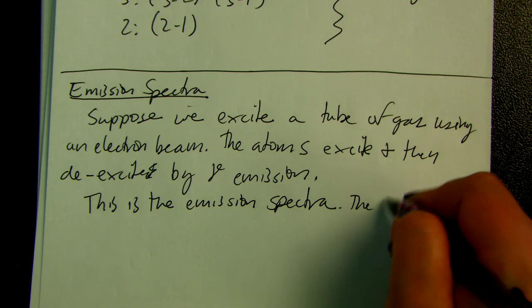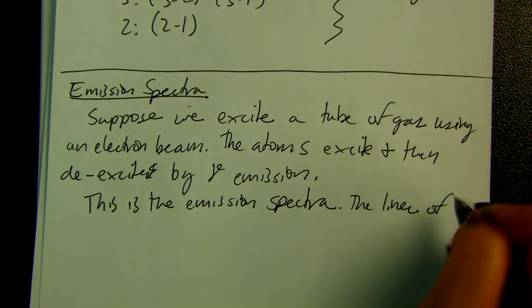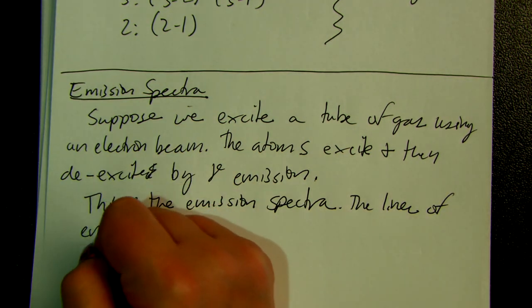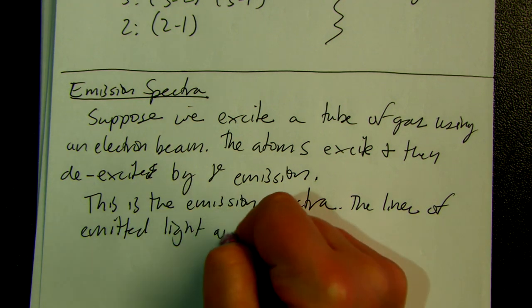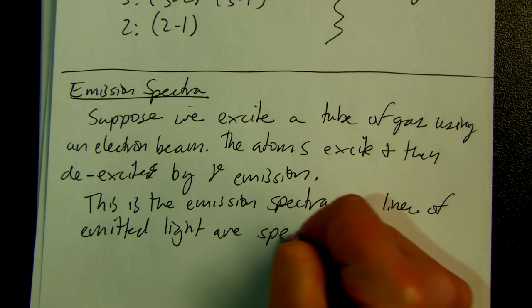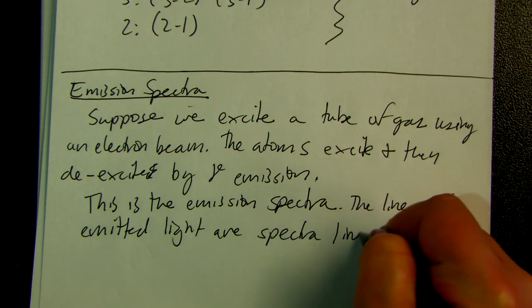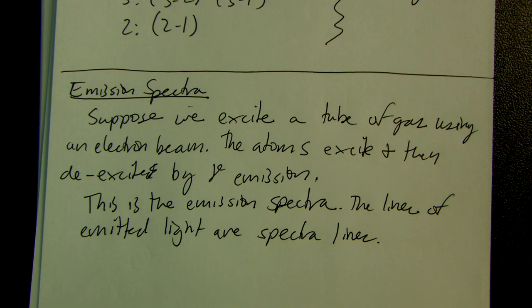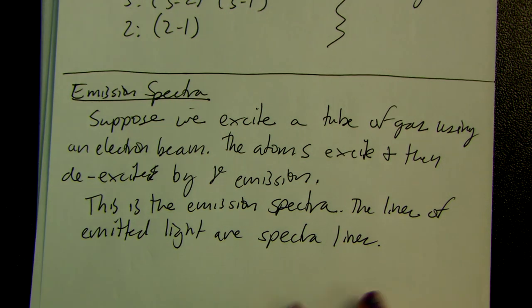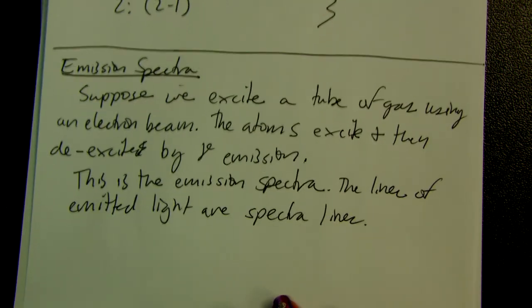So the lines of emitted light are called spectral lines. And that would correspond to the spacing in between energy levels, just like what we saw up here.